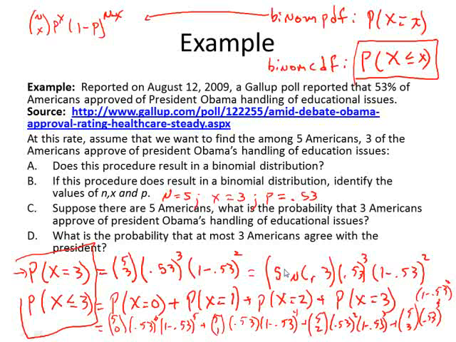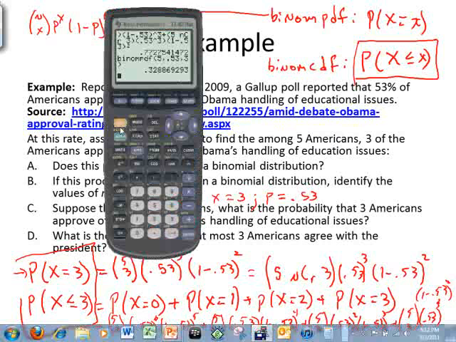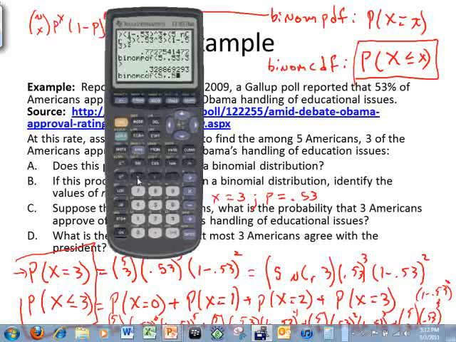So if we enter this, we go to second distribution, scroll down to binom CDF, n is 5, comma, p is 0.53, comma, and x is 3. And notice we get the same thing, 0.773.